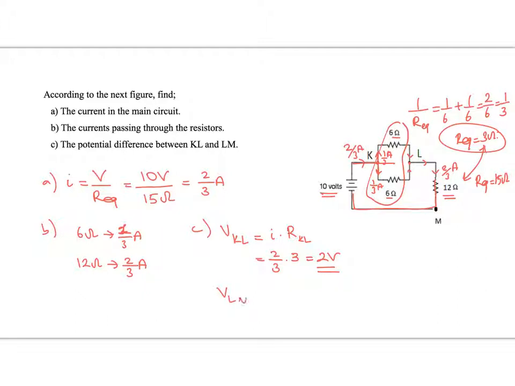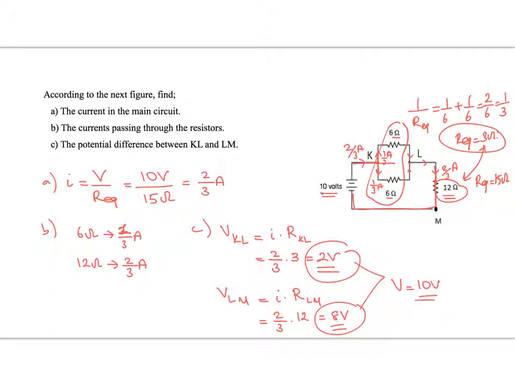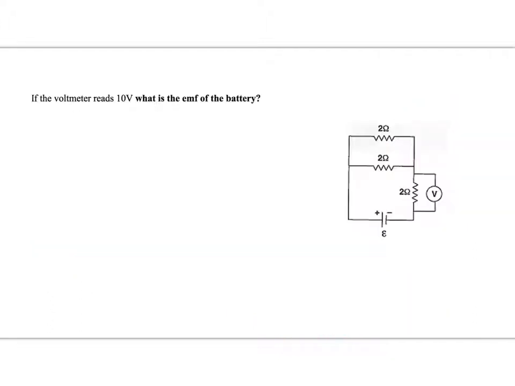For LM, you can say the current passing from the points LM times the resistance between LM. The current passing through here is 2 over 3 ampere and the resistance is 12 ohm, so it will be equal to 8 volts. Be careful here that this has the total potential of 10 volt, which is equal to the voltage of the battery.